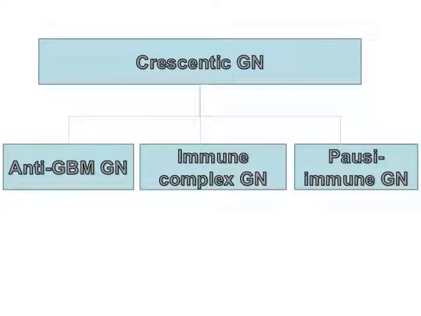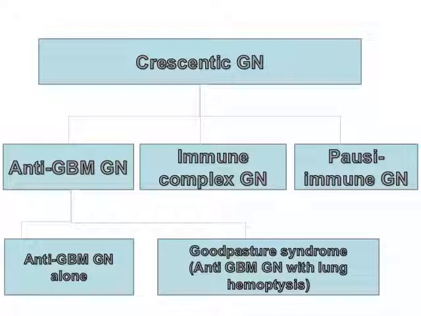So we have these three types. First, the anti-GBM. These abnormal antibodies will attack either only the basement membrane of the kidney, or the basement membrane of the lung together. This will be Goodpasture syndrome.